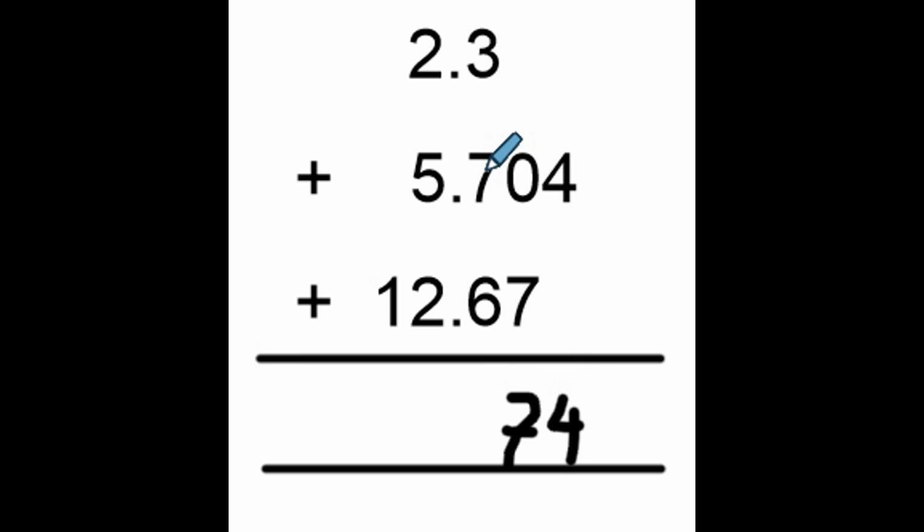3 plus 7, 10. Plus this, 6. 6 point. 2 plus 5 is 7. Plus 2, 9. And I bring that 1. So I have 3 decimal places here, but we are asked to leave it as 1 decimal place.